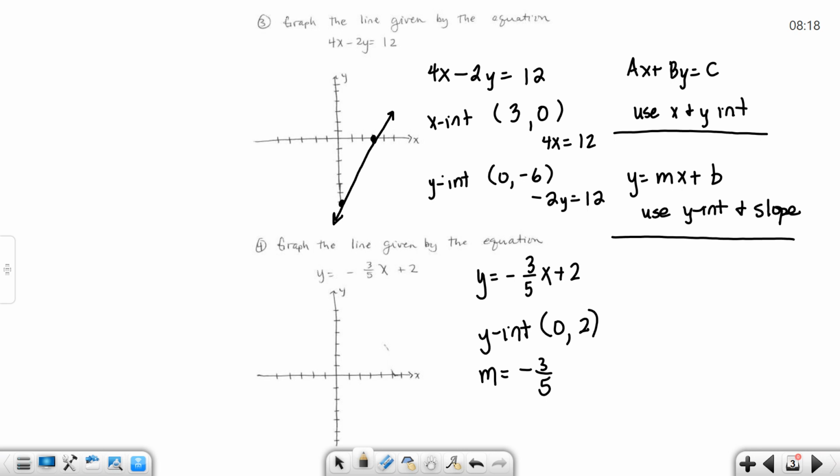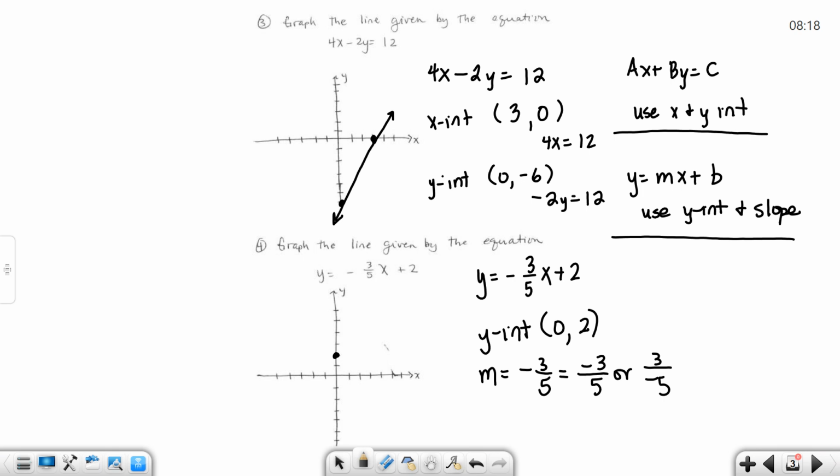It's the m sitting in front of the x. Now, when our slope is negative, we're either going to use that negative up top or in the bottom, but not both places at once. We have to have a starting point. That's our y-intercept. So (0, 2) is what we plot first.